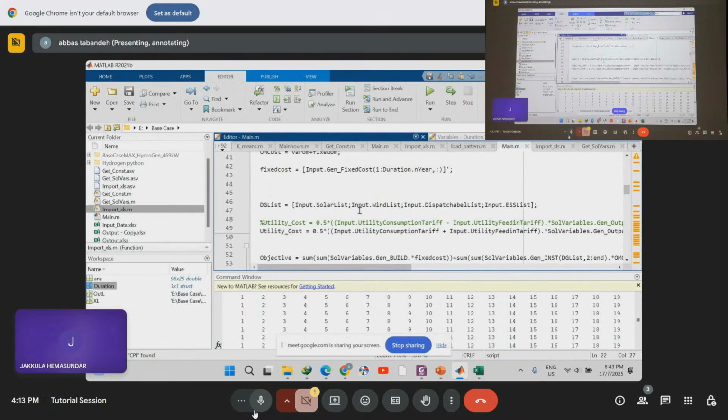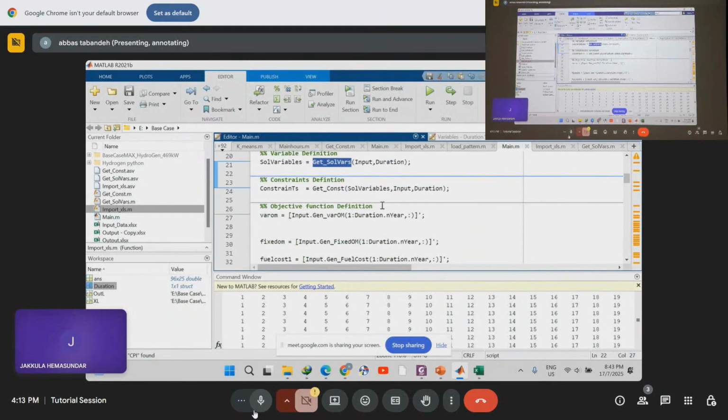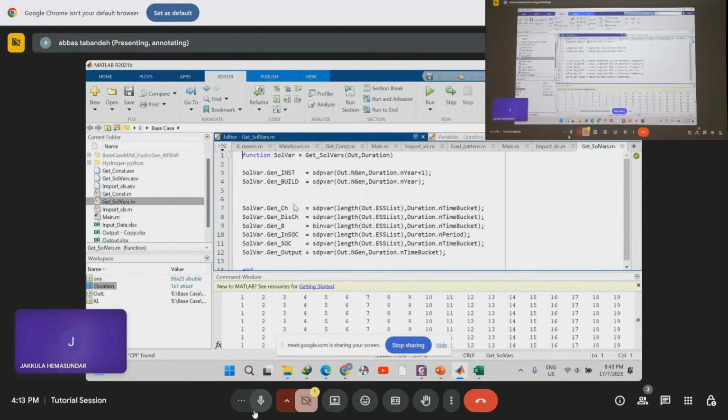Again, we bring it to this function. So we need to open get solvers. This is the function that we have defined.